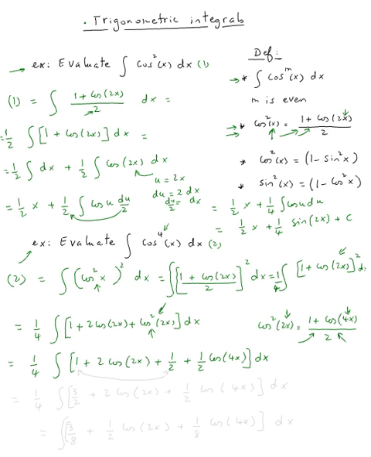Now let's add these numbers. 1 plus 1/2 will be 3/2. So 1 over 4 integral of 3/2 plus 2 cosine of 2x plus 1/2 cosine of 4x, and then everything dx.